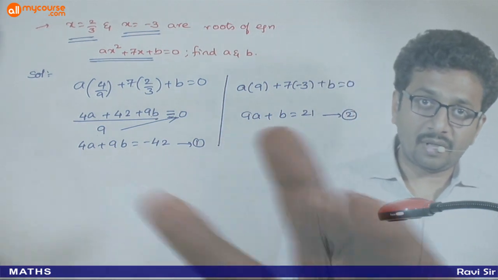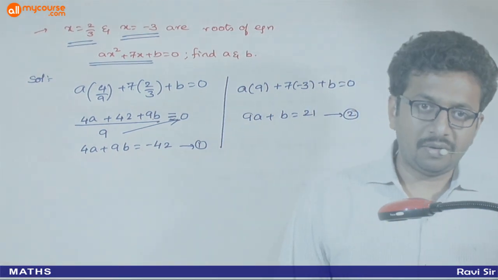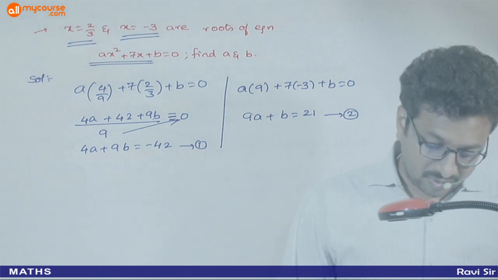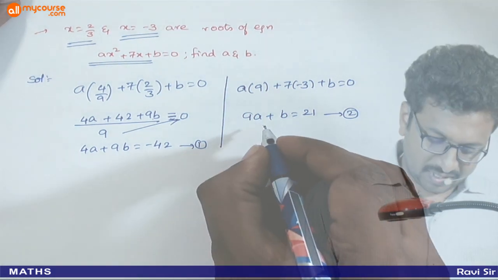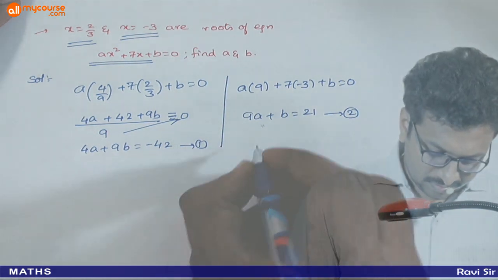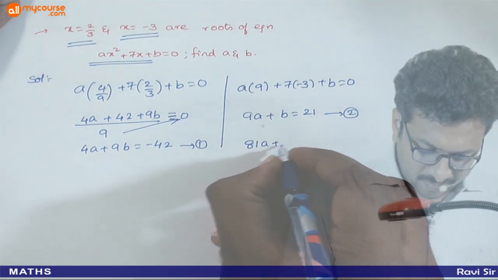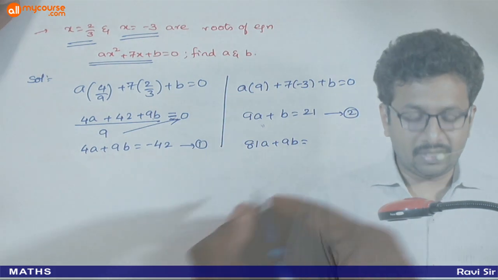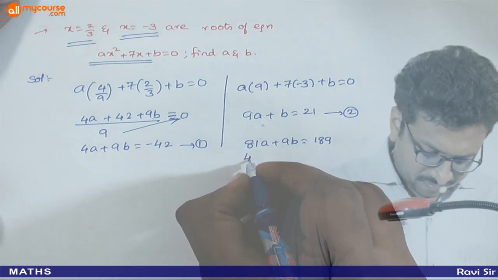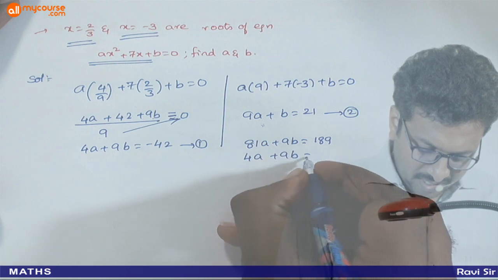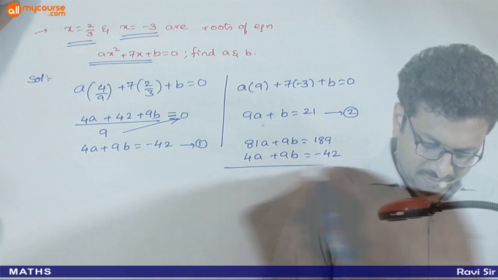So you just need to solve these two equations. You know how to solve them using the linear equations topic. Let us multiply this with 9. So 81a plus 9b is equal to 189, and 4a plus 9b is equal to minus 42.